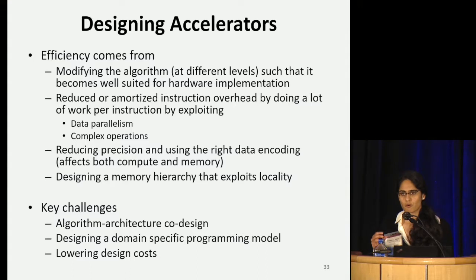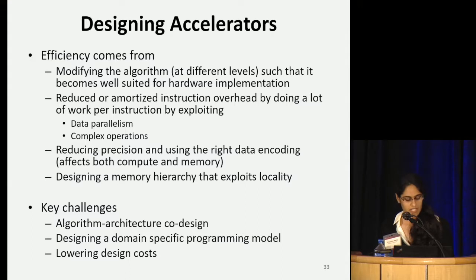So you're reducing the amount of instruction overhead that you have, and that leads to efficiency. And then for each instruction, you do a lot of work in parallel. For example, for the correlator, we saw that with one instruction, we were operating on multiple data.